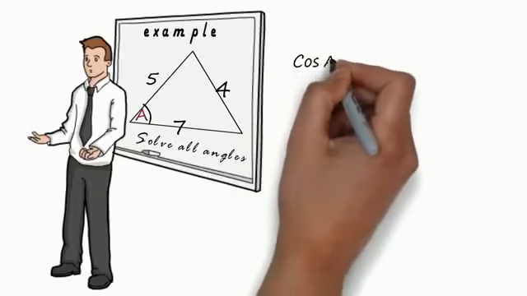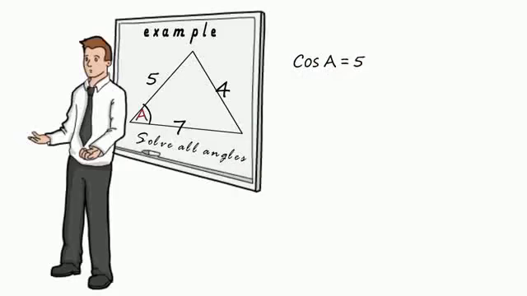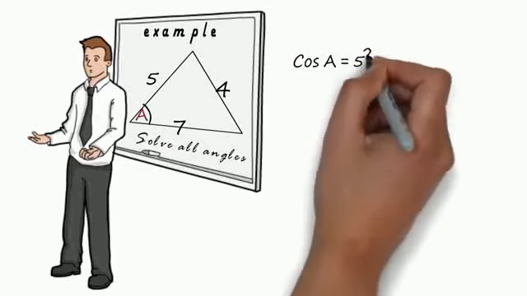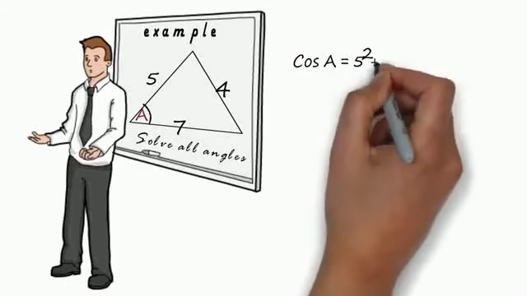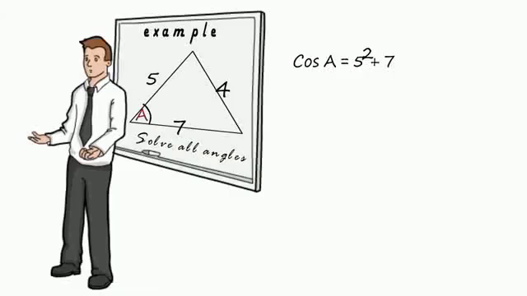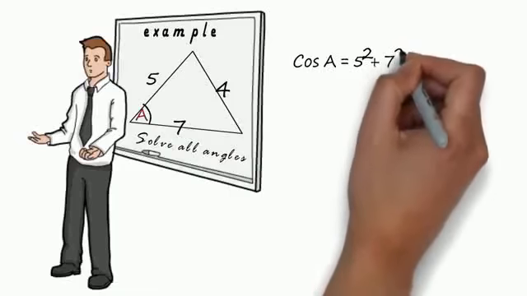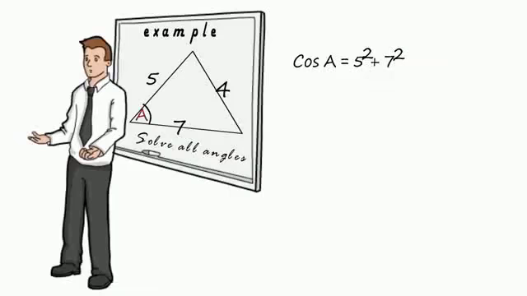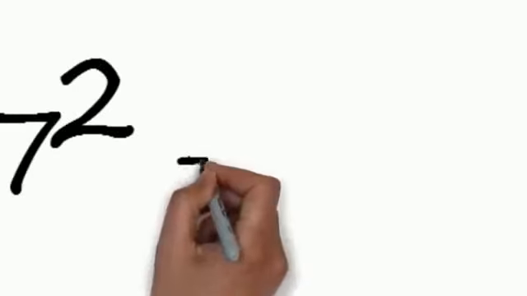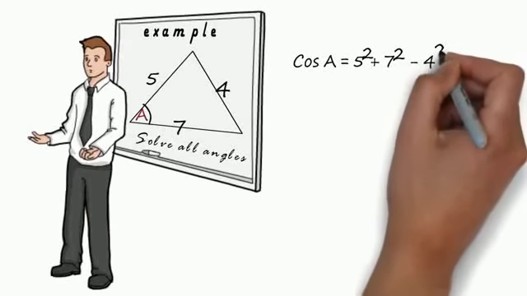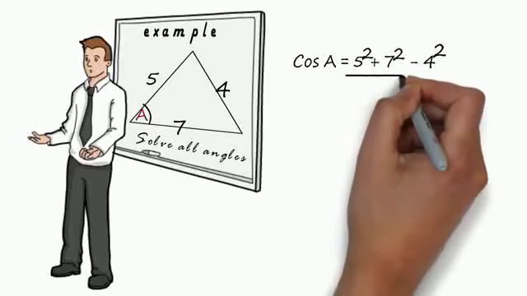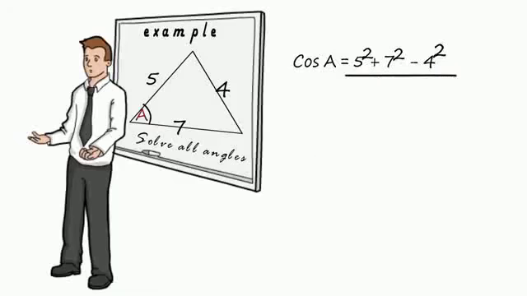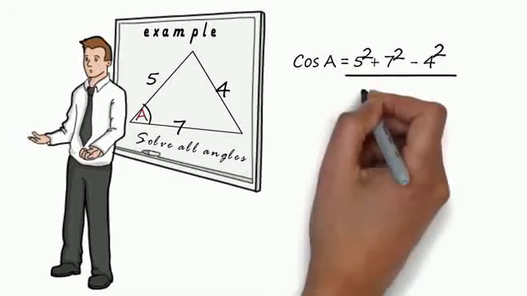For us to look for A, I just named it A for simplicity's sake, we're going to say with the V effect, 5 squared plus 7 squared minus that side which is over there, 4 squared, all that over 2 times 5 times 7.